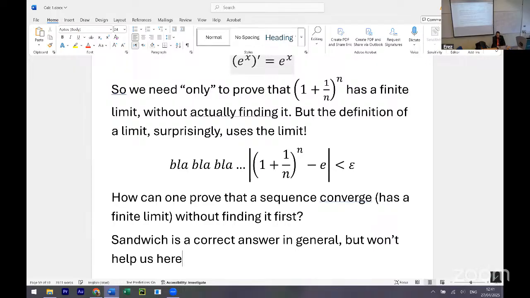It is a way to prove that the sequence has a limit without finding it, and sometimes we do it, but we want another tool. And why is sandwich so good? Because I change the sequence and then I'm able to find the limit of another sequence, which I can actually do. Here it won't work because the limit is e. So how can I sandwich it? I still need another sequence that tends to e, and I will remain with the same problem.